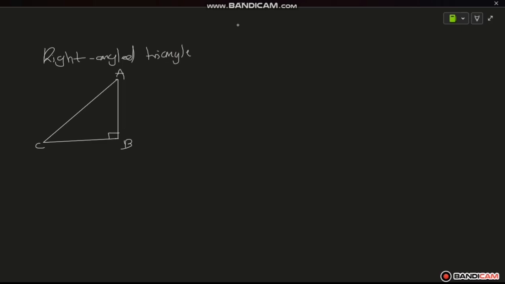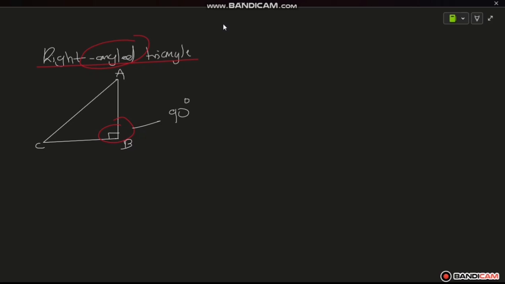So this is a right angled triangle. Why? Because it has this right angle right here. This is a 90-degree angle. This is what makes this triangle called a right angled triangle, because it contains a right angle, right?